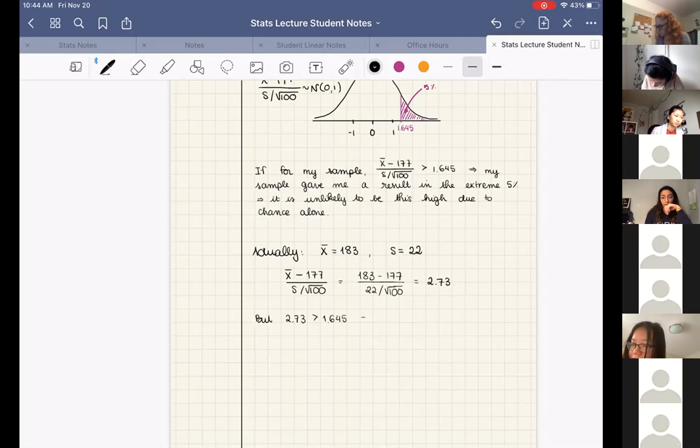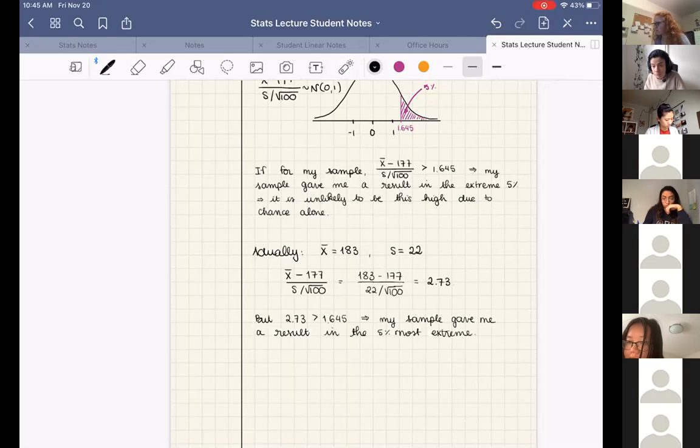So my sample gave me a result in the 5% most extreme.